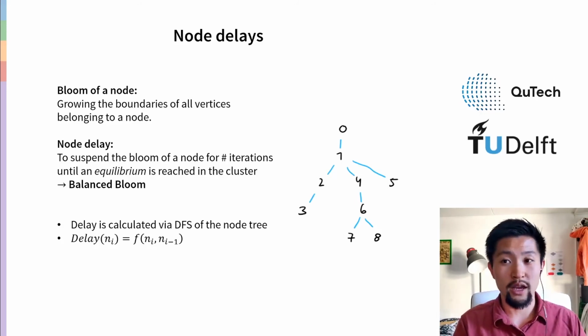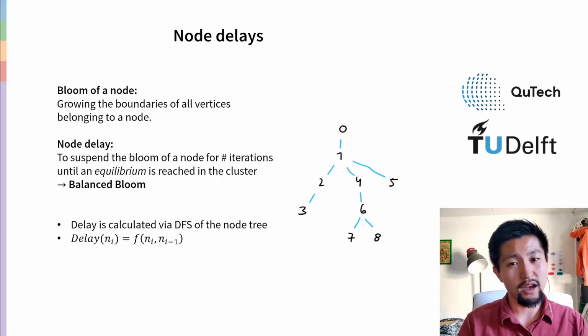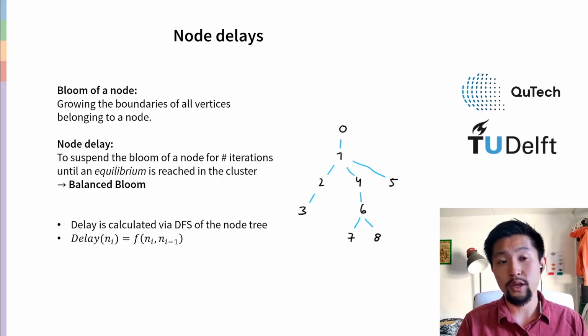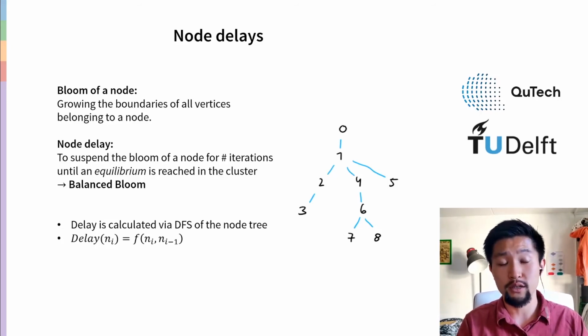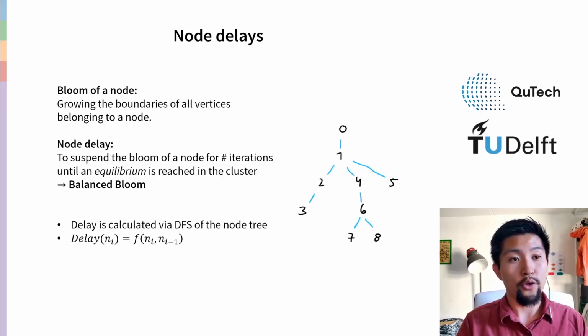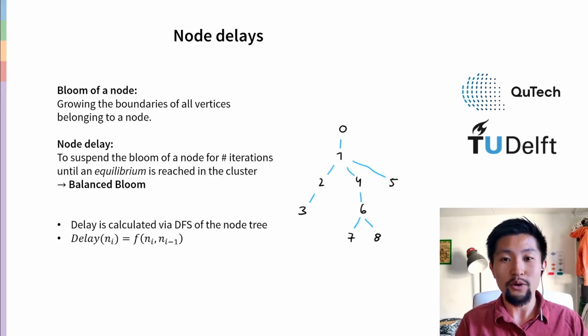And to delay a node means to suspend the bloom of a node for a number of iterations until an equilibrium is reached within the cluster. And this is the idea of balanced bloom. What we do here is we first grow the nodes with low potential matching weight, and we delay the growth of nodes with a high potential matching weight until there is an equilibrium of potential matching weight within the cluster.